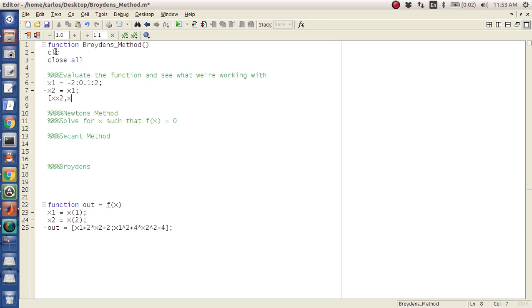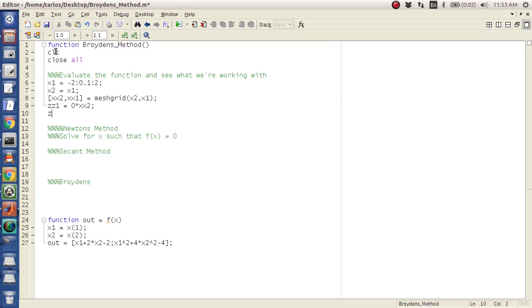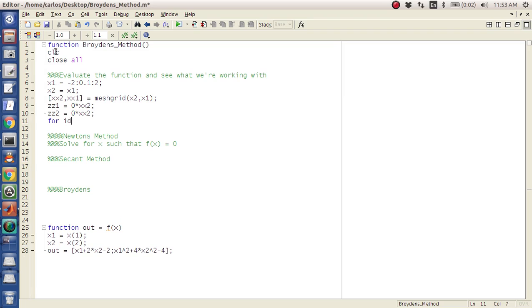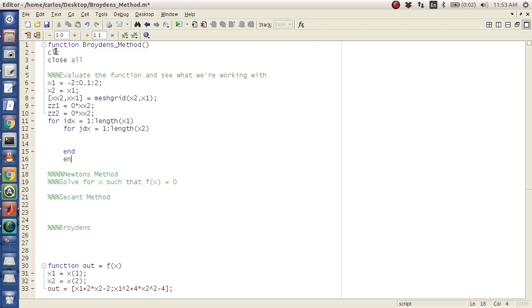I'm going to mesh that using meshgrid, x2 comma x1. And then I'm going to pre-allocate ZZ1 and ZZ2. And then I'm going to do a double for loop, looping through x2 and x1.